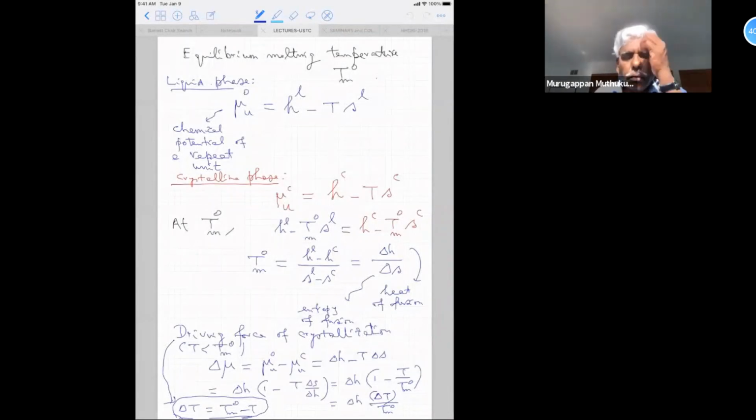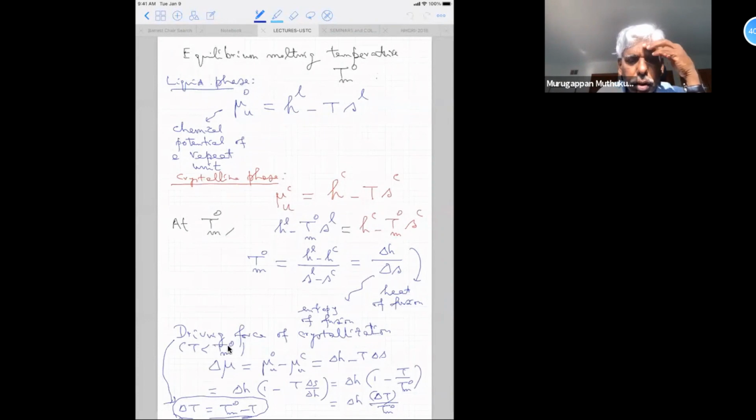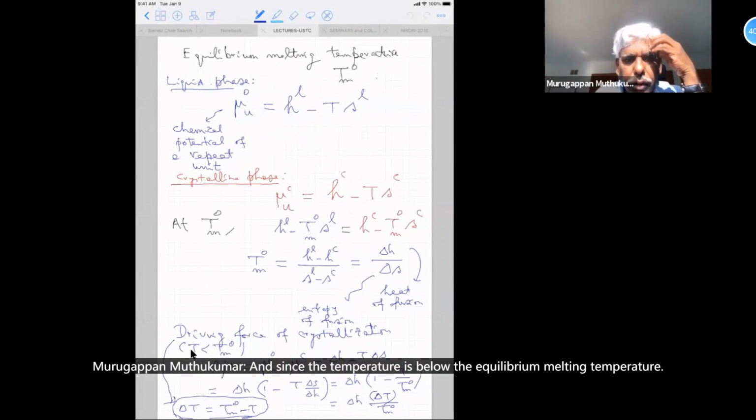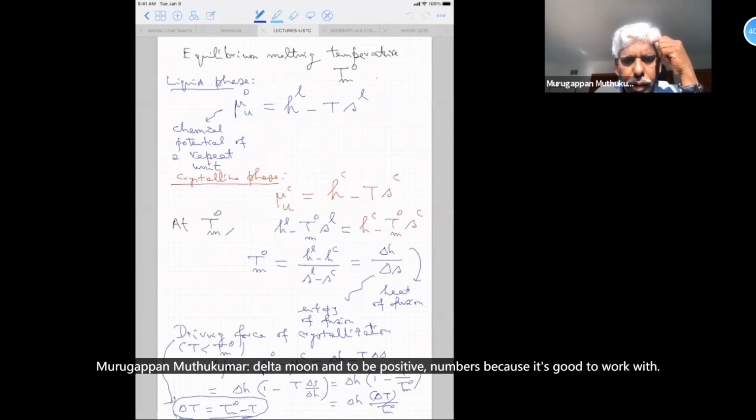Okay, so as I pointed out, the driving force is delta mu. And since the temperature is below the equilibrium melting temperature, I would write delta mu to be a positive number because that's good to work with.